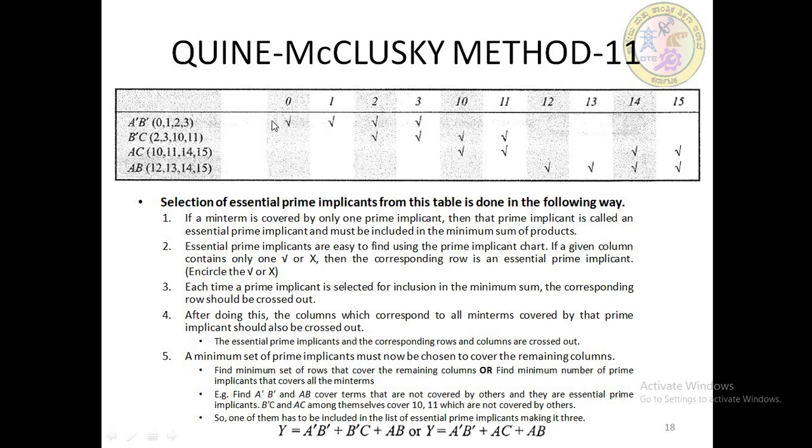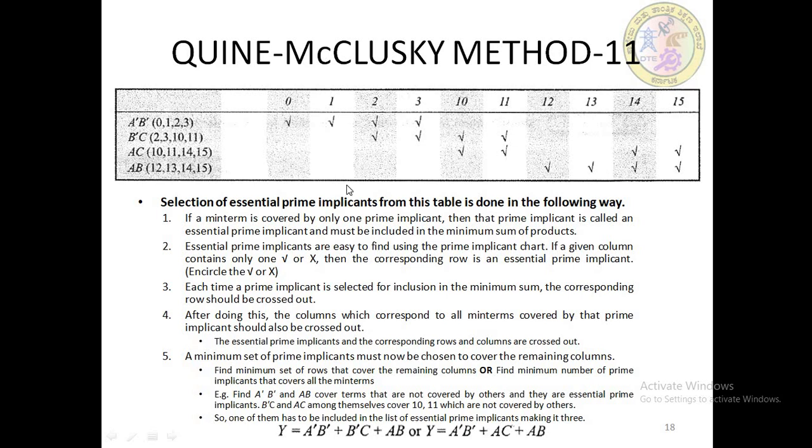Here we will try to tick out the expression that we need to see. So A'B' represents 0 1 2 3. Here we will represent it like this, and B'C will represent 2 3 10 11, and 10 11 14 15, like this we will represent it.